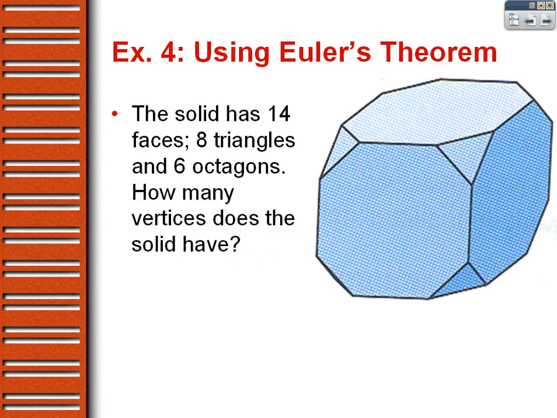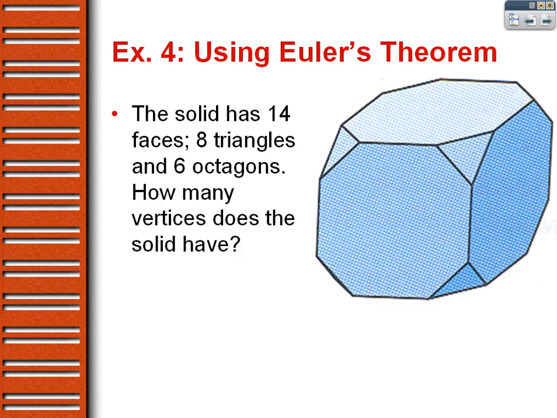What about this guy? This has 14 faces. Each face, it looks like, is either going to be a regular hexagon or an equilateral triangle. So there are 8 triangles and 6 octagons, right?